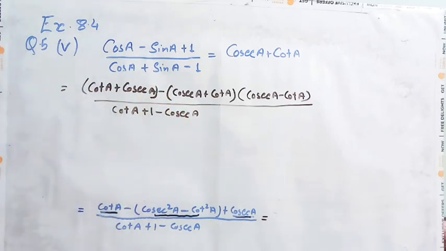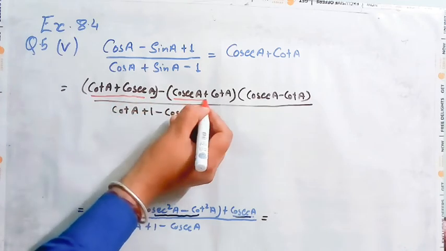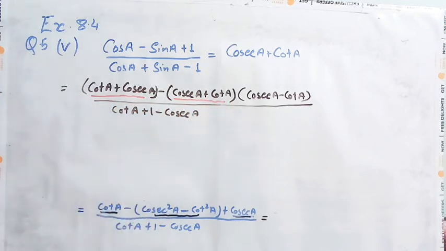Now you can see cot A plus cosecant A is common in the numerator part.